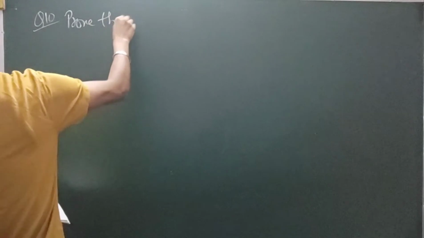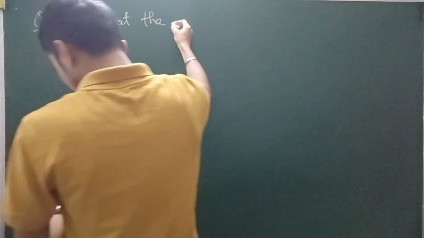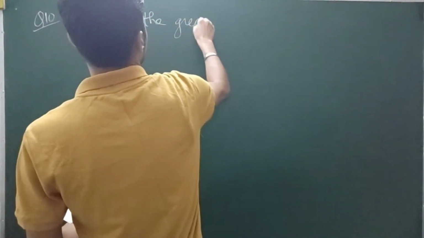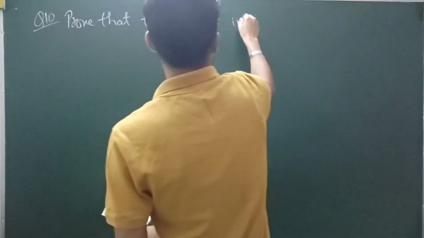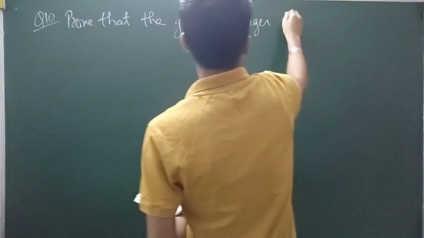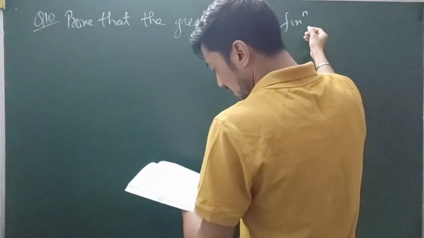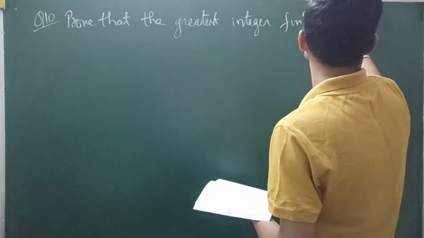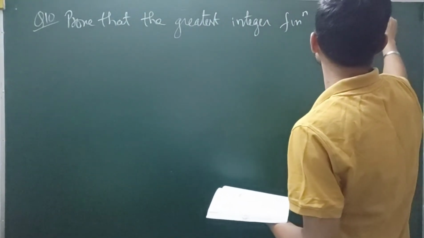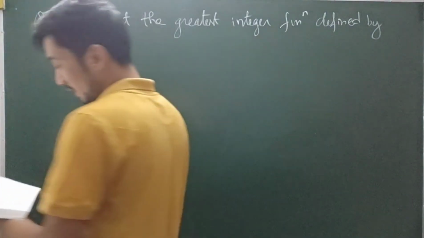Question number 10. Prove that the greatest integer function, we have already done problems on the greatest integer function in continuity, so it's not going to be completely new for you.